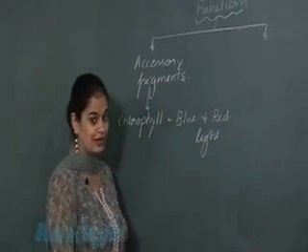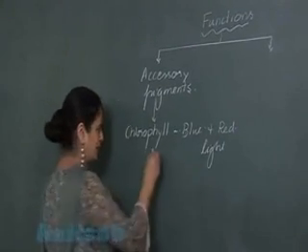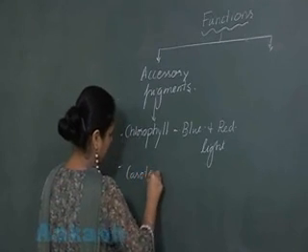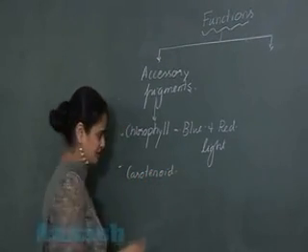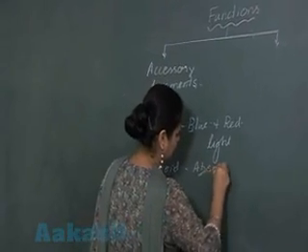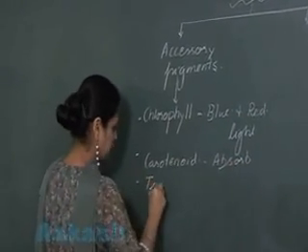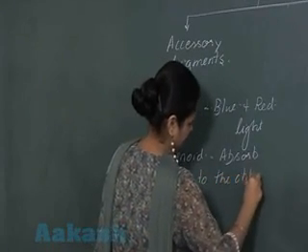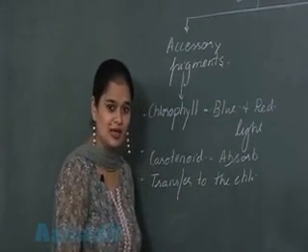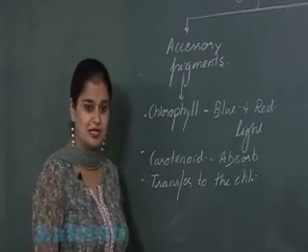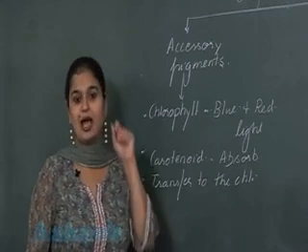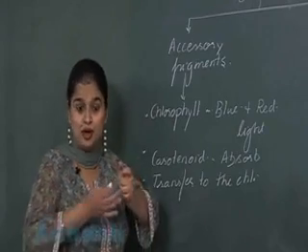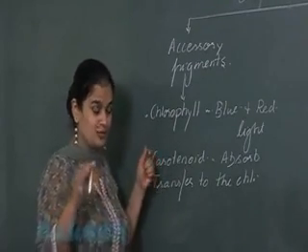Yes, in the blue region and red region chlorophyll will absorb light, and what the carotenoids are going to do is absorb the wavelength of light in the other regions, and after absorbing they will transfer it to the chlorophyll.